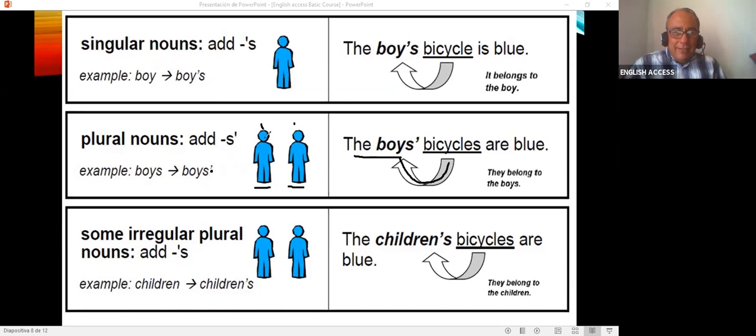But if this guy right here, his name were Carlos, si este amigo se llamara Carlos, sería the boys' bicycle, no, porque no es de Carlos, right here, apostrophe right here, is Carlos' bicycle. Okay, I don't know if I'm more clear with this. No sé si queda más claro con esto.